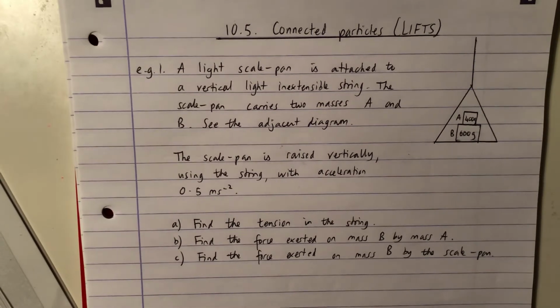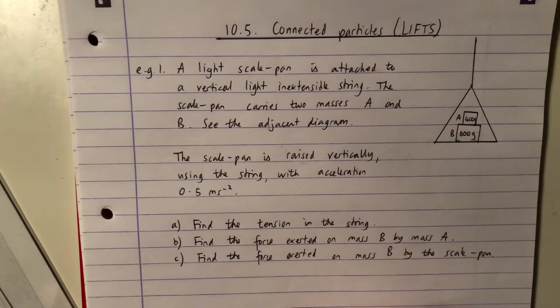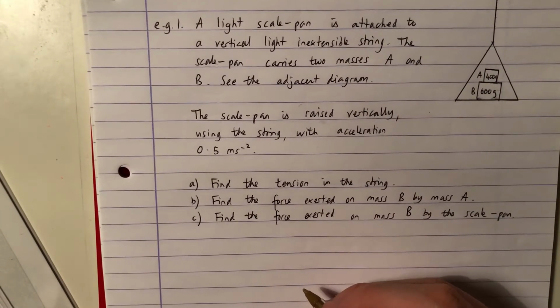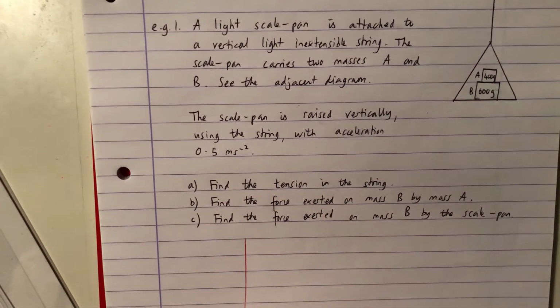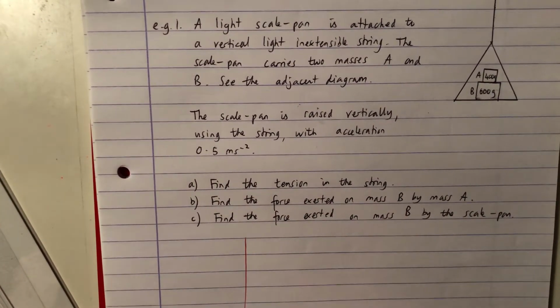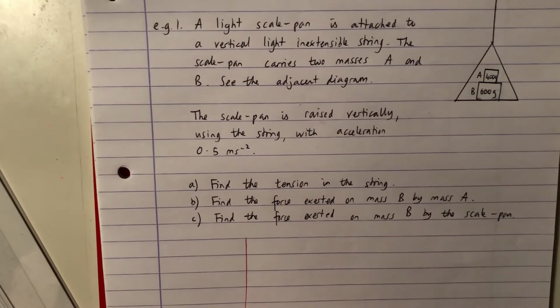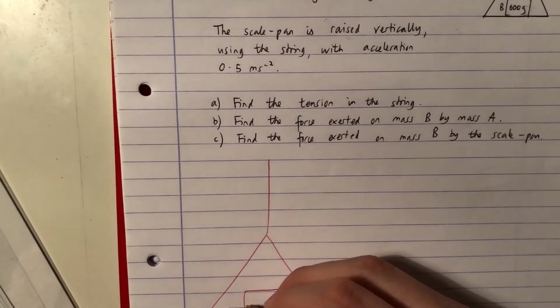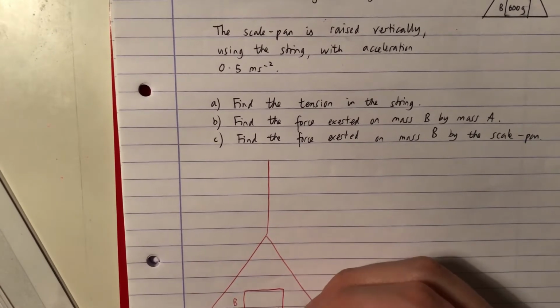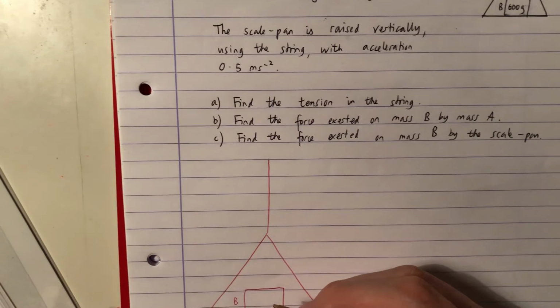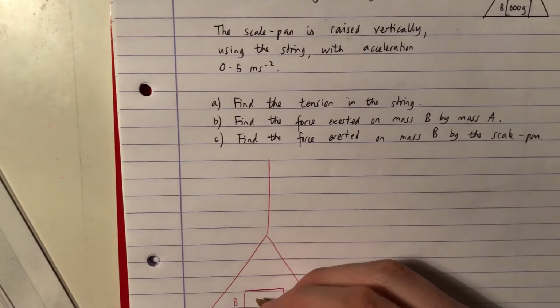So I'm just going to draw this diagram again, but slightly bigger. So object B is actually 600 grams. Now all of the equations that you should know require kilograms.